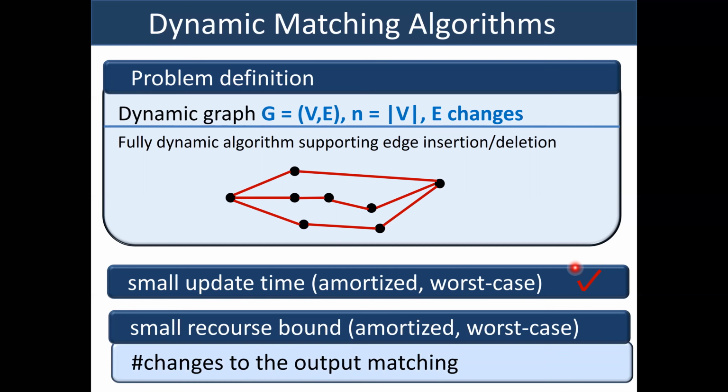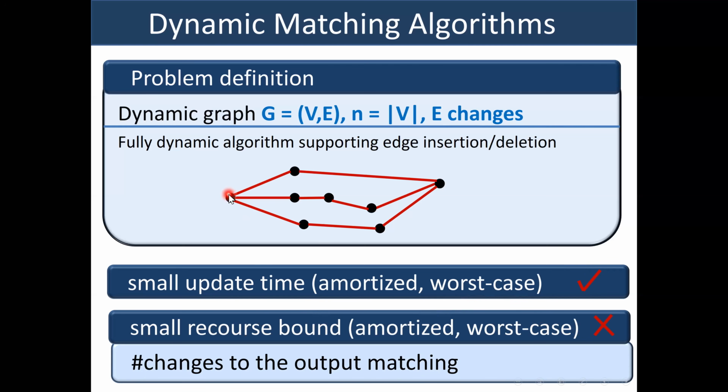Whereas for the recourse bound, which is another interesting and important quality measure, very little is known. And so the recourse bound measures the number of changes to the output matching per update step.